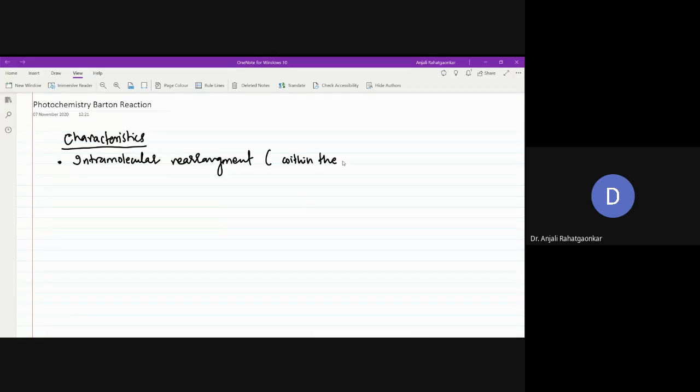This is the most important point to be remembered. And the second point in the Barton reaction is the abstraction of hydrogen. The abstraction of hydrogen will be from the delta position. So these are the two important points to be remembered.